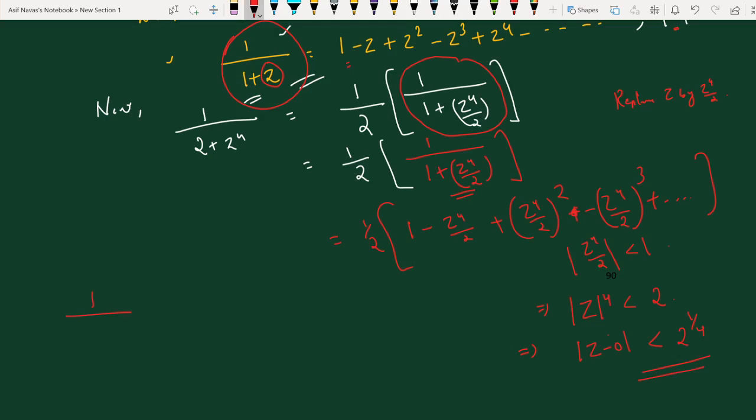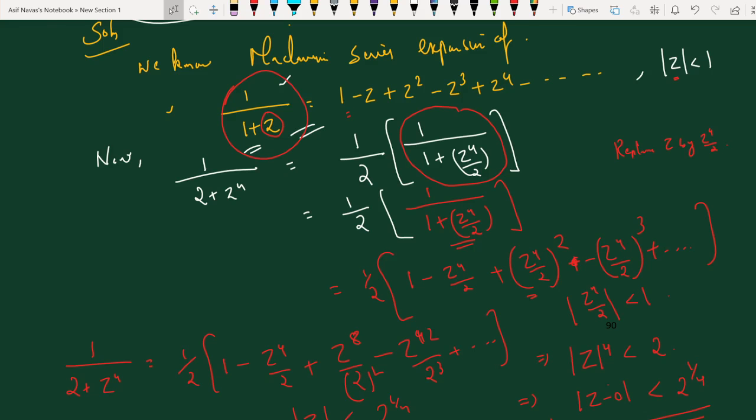That means 1 by 2 plus z raised to 4 equals 1 by 2 times 1 minus z raised to 4 by 2 plus z raised to 8 by 2 squared minus z raised to 12 by 2 cubed plus etc. And this is valid when mod z is less than 2 raised to 1 by 4. So here the radius of convergence is 2 raised to 1 by 4.